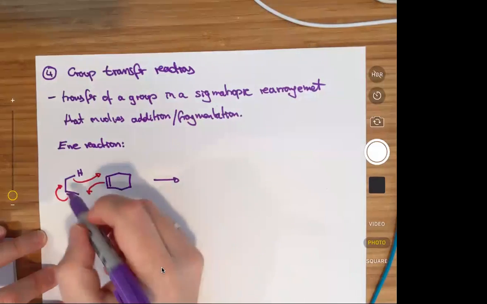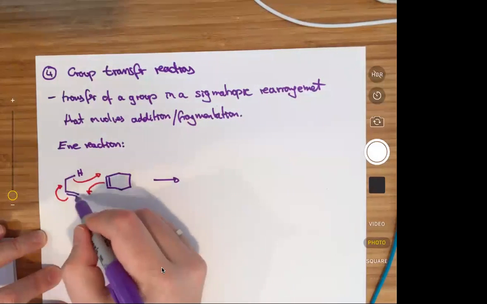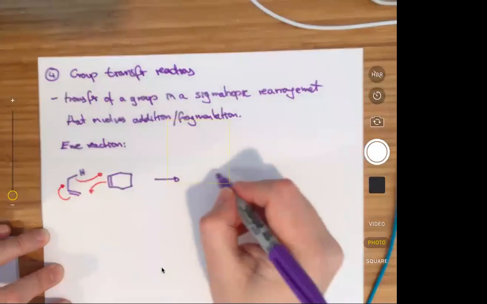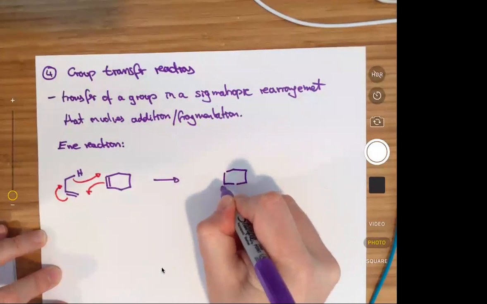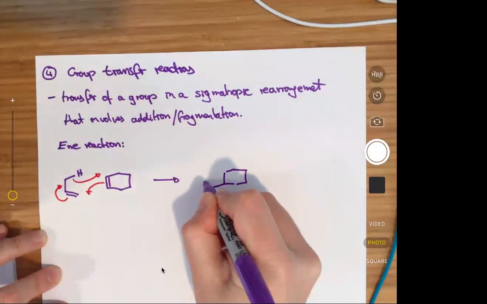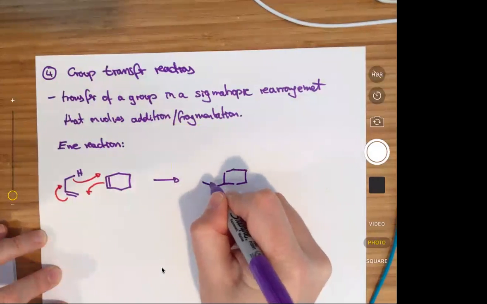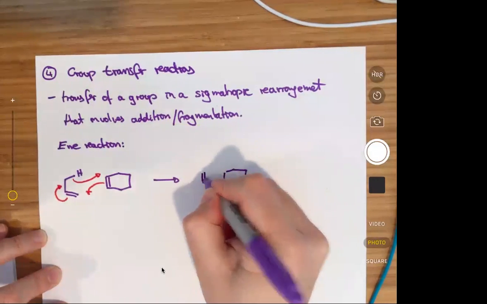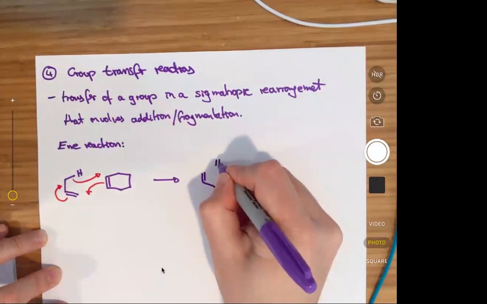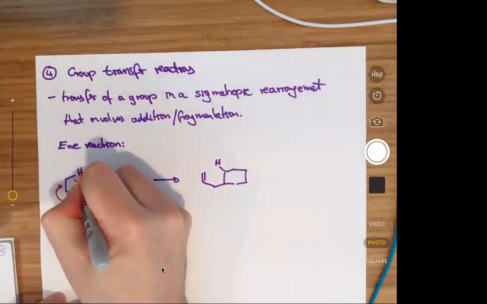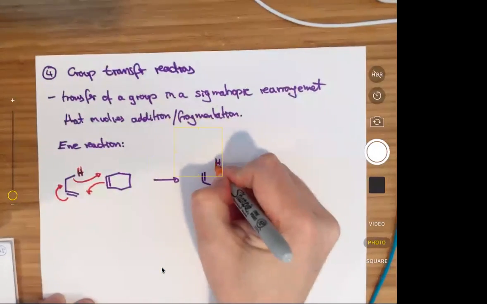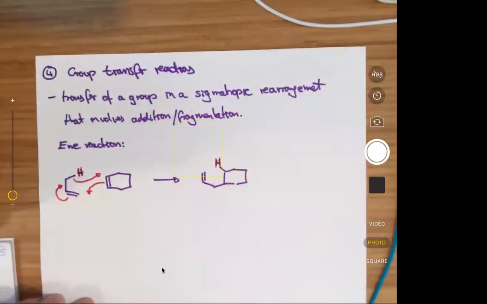So what it essentially adds is an allylic residue to a double bond. And you can think about this as something that looks like this, and you have your hydrogen over here that you transferred from the other side. I'm just going to mark it here with orange so it's clear where this hydrogen comes from.